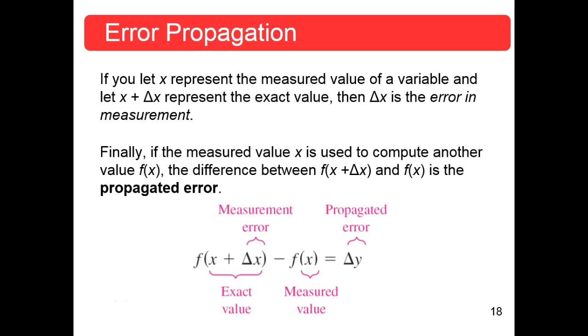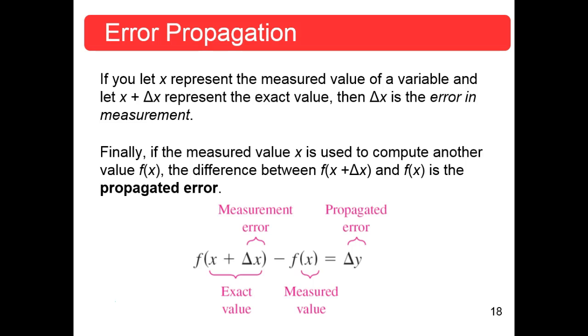Then delta x is the error in the measurement. Okay? X is the measured value, x plus delta x is the exact value, then delta x is the error that you made. Boy, if I could have said it, I would have phrased it as x being the exact value and x plus delta x being the measured value, then delta x would be the error in the measurement. To me, that makes more sense saying it that way, but this is still true. Okay? It's a weird way of saying it.